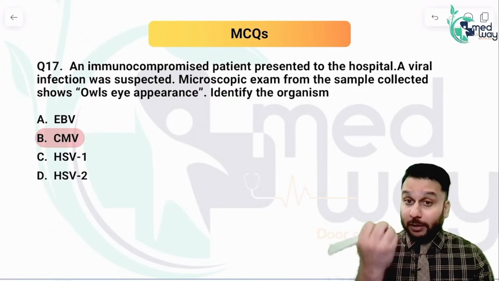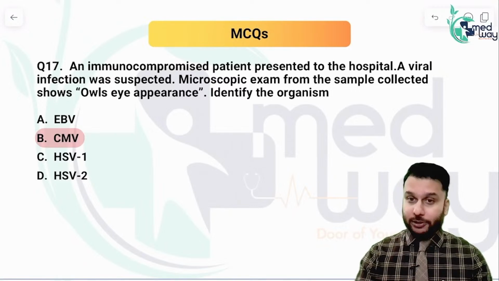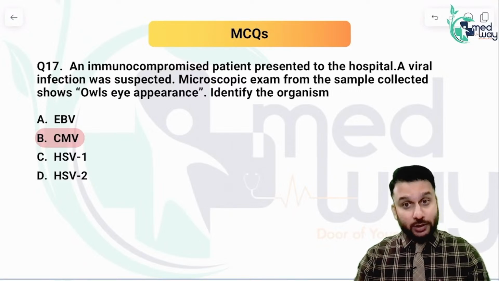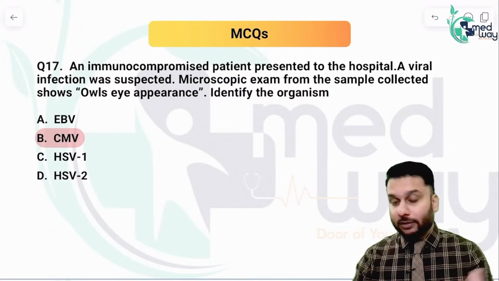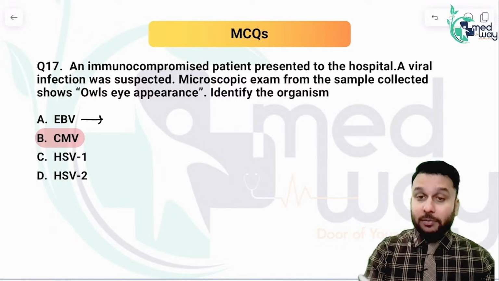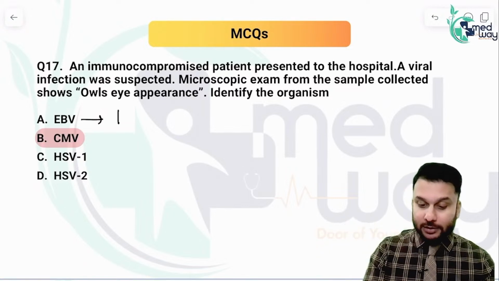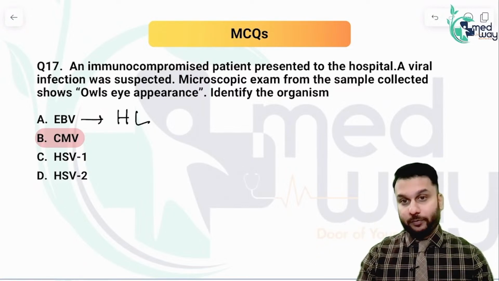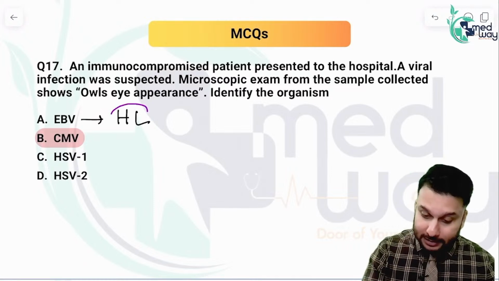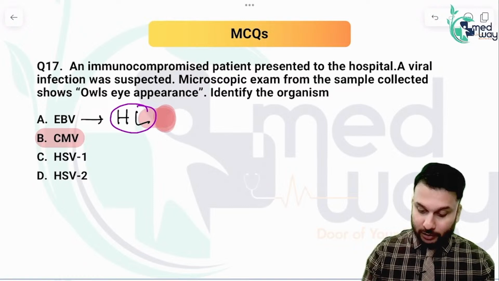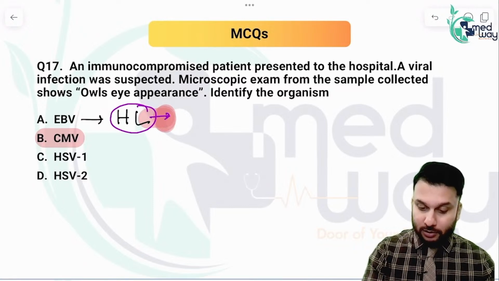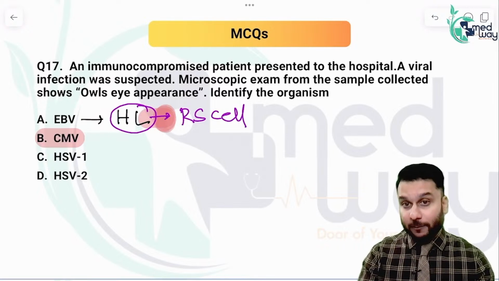No second thoughts about this. CMV is the one that shows the owl's eye inclusion bodies. Some people may make the mistake under the pressure of the examination. They may choose EBV. Why? Because they study that EBV is associated with one cancer called Hodgkin's lymphoma, and this cancer produces one appearance due to a cell called the RS cell, the Reed-Sternberg cell.